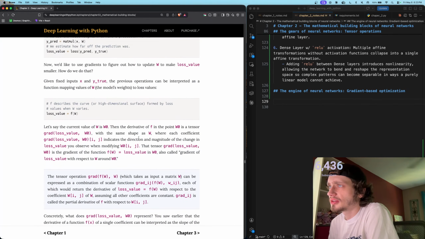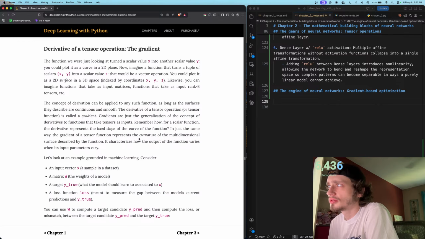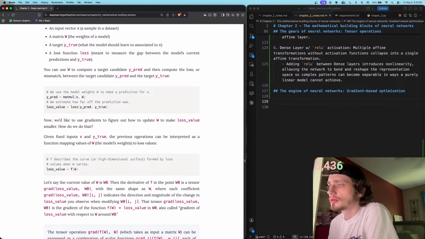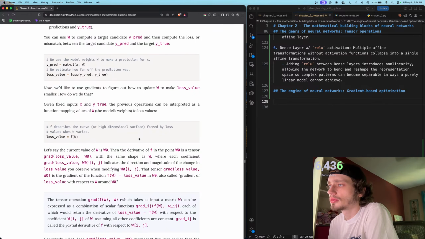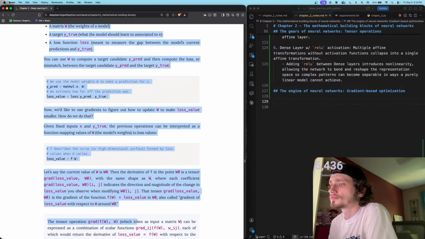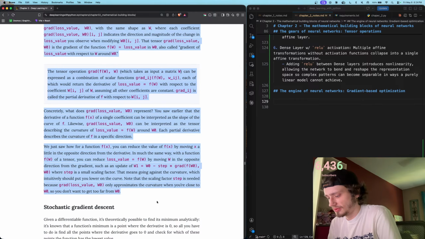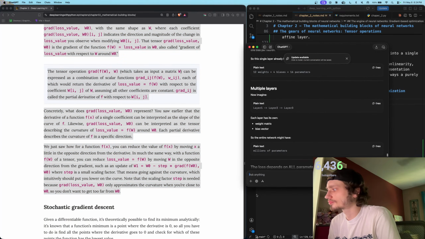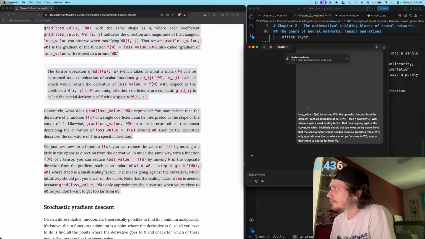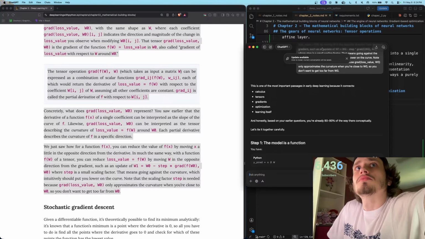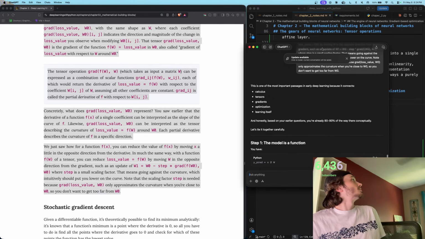Stochastic gradient descent. This is tough. What does this mean? The light's really going. Come on.